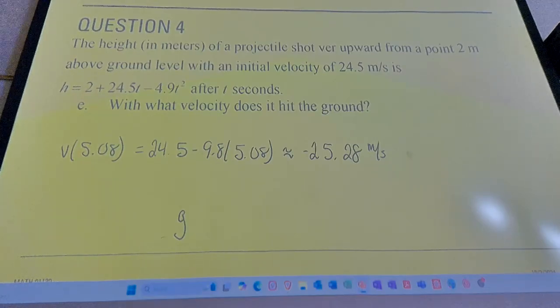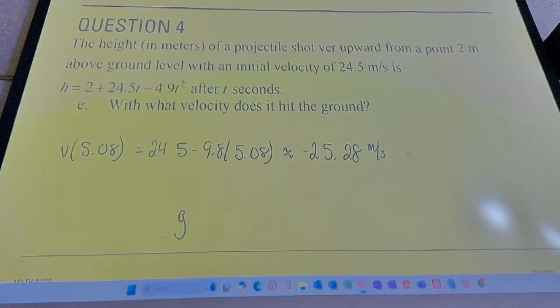What is it approximated as? 9.8 meters per second squared. We always write negative g to keep g positive. So little g we take as 9.8, and then we just say minus g to represent that it's downwards.